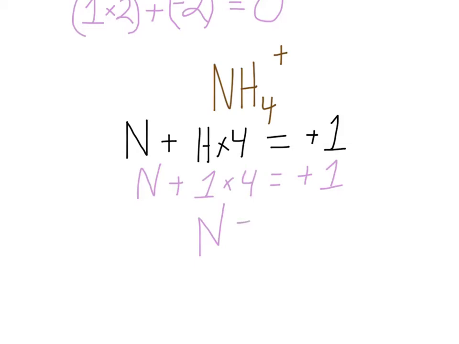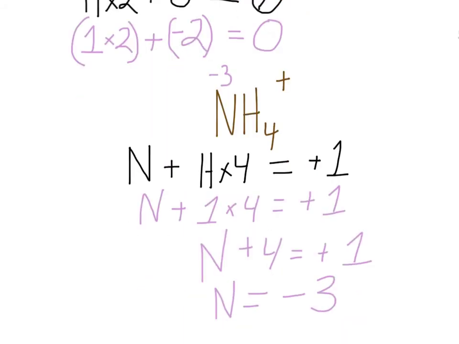Now if you guys have taken algebra, there's only one variable, so it's easy to figure out. Nitrogen plus 4 equals +1. So you subtract 4 from both sides. Nitrogen equals -3. Very simple. So now we just figured out the oxidation number of nitrogen for the ammonium molecule is -3, and the oxidation number of the individual hydrogens is +1.